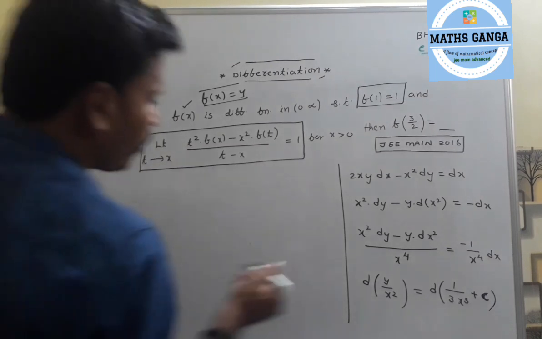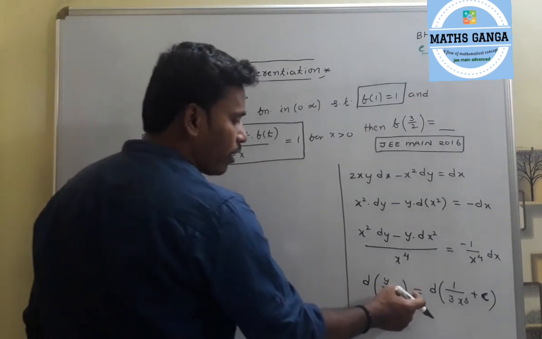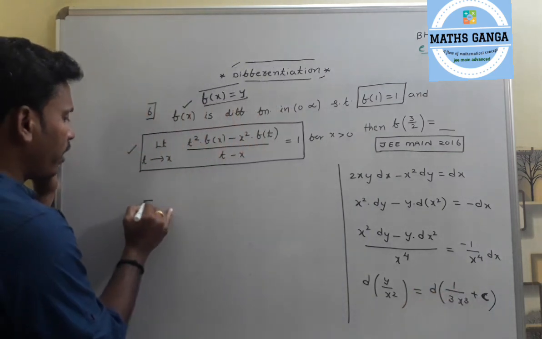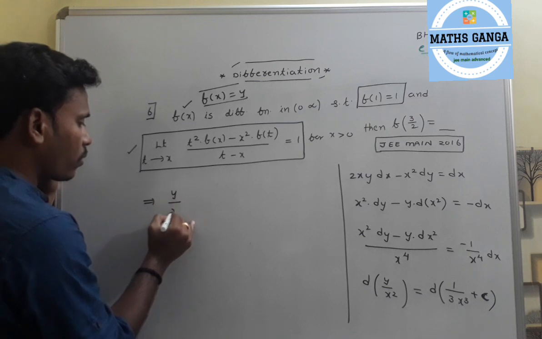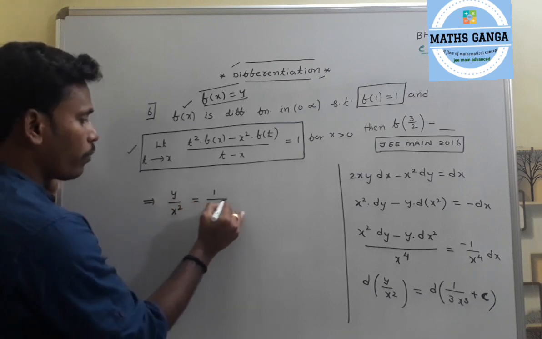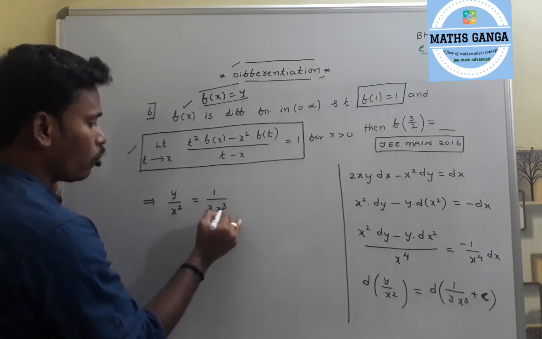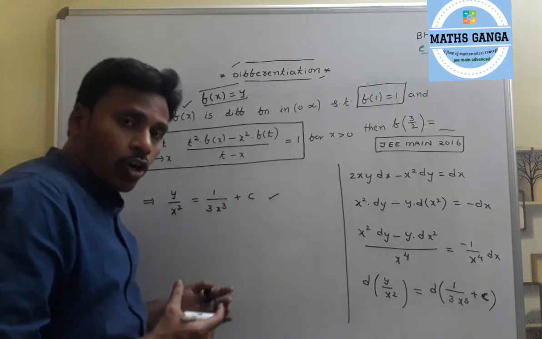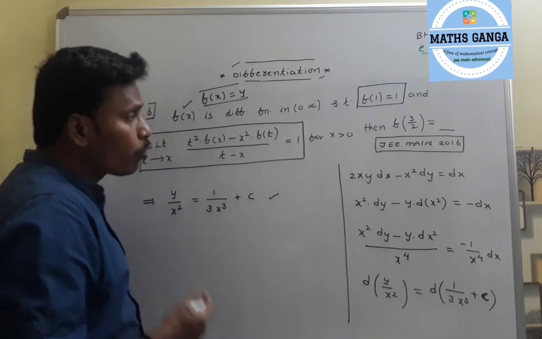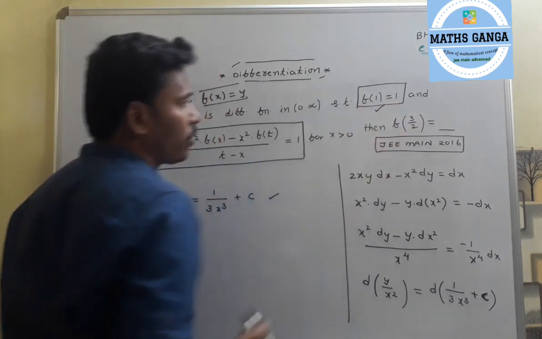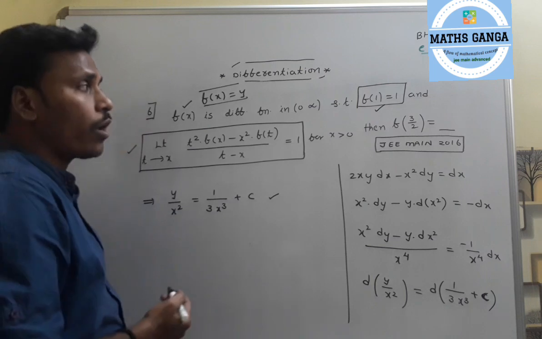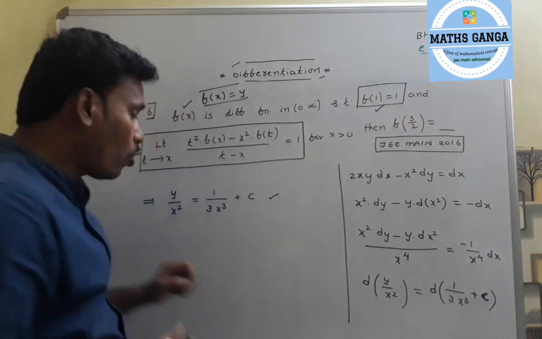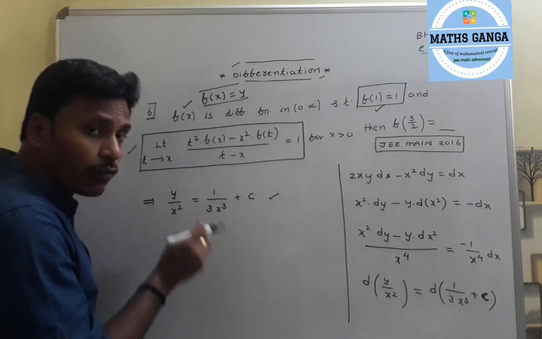So finally we have the derivative of y by x square is equal to the derivative of 1 by 3x cube plus c. If you remove the derivative on both sides, we will get y by x square is equal to 1 by 3x cube plus some constant c. Now our task is to find that c. To find that c, given f of 1 is equal to 1. F of 1 is equal to 1 in the sense, if you replace x with 1, you will get y equal to 1. So we need to replace x and y both with 1.